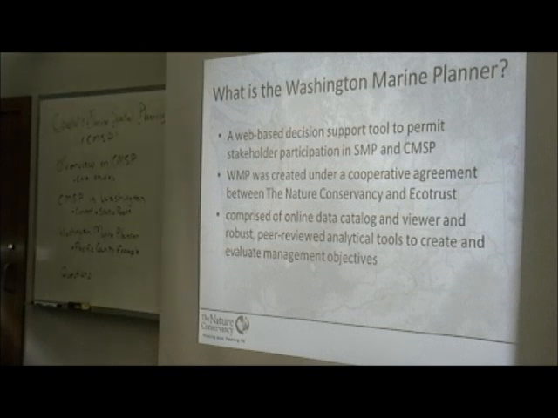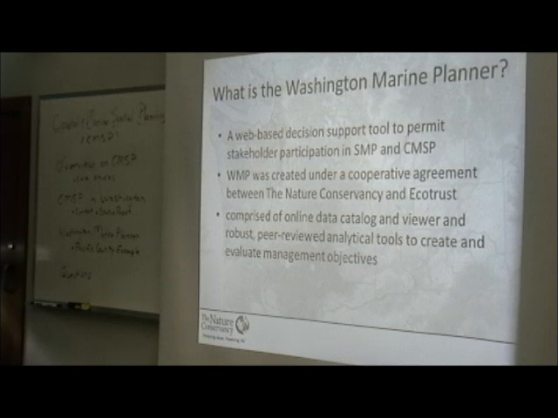So anyone that is familiar with just browsing the web and using Google Earth or Google Maps can sit down and use the tool. And they don't have to be a specialist, because this is built on geographic information system data and software and analytics in the background. We're not requiring any sort of specialization in that. So we wanted to develop a tool that balances that functionality with the user experience.